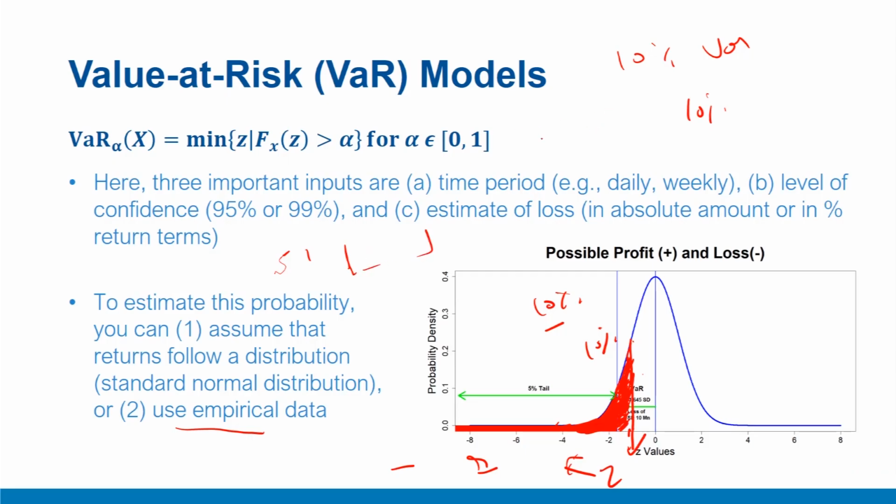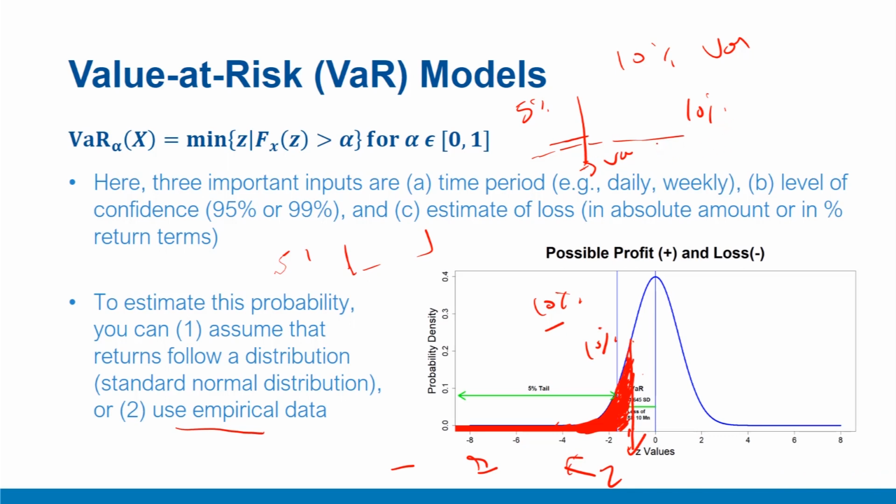Let's say you have a set of observations, you can put a cutoff line, and on the left of this cutoff line you have 5% observations. Then the cutoff point, the maximum return in this cutoff point becomes your VAR. In terms of magnitude, this will be the lowest value on the negative side, but in terms of signed value, it will be the maximum. And this will become our VAR.